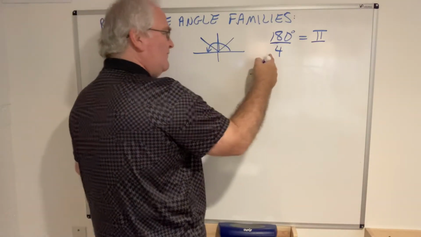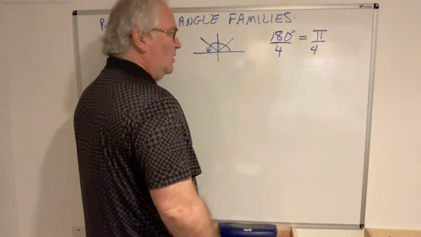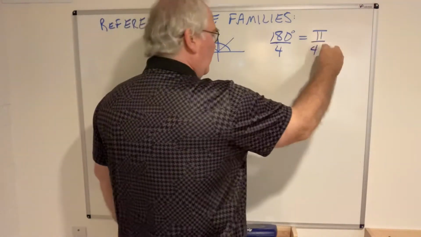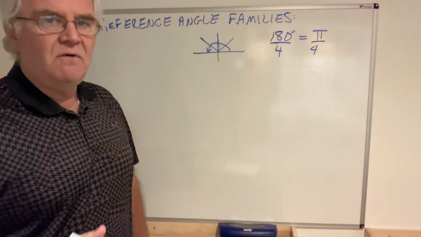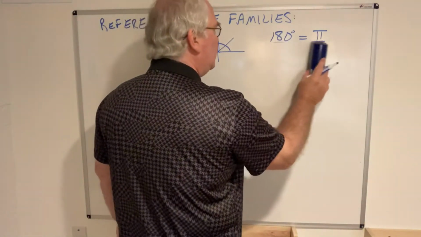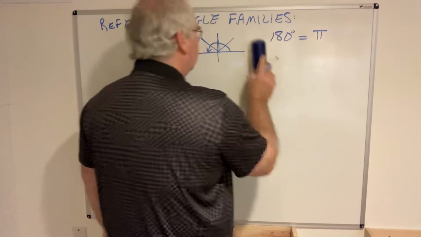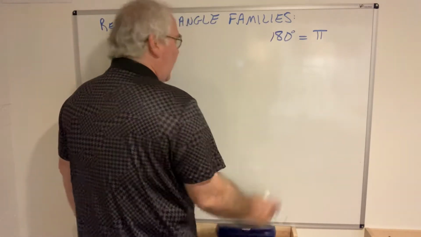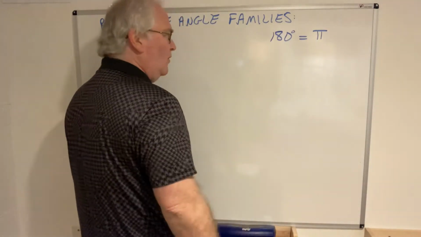If you divide this by 4, then you divide this by 4. So pi over 4 radians corresponds to 45 degrees. Knowing this relationship, translating to any particular value is straightforward.